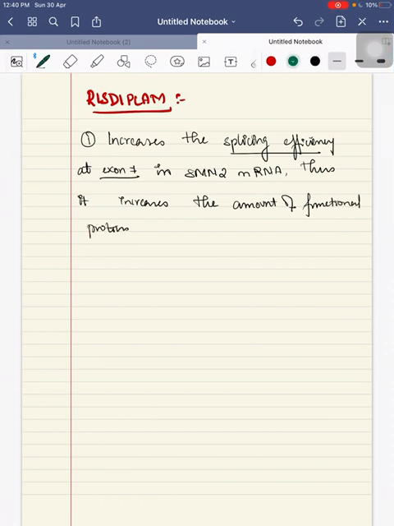Thus it increases the amount of functional protein, which is being produced in the absence of SMN1 gene.